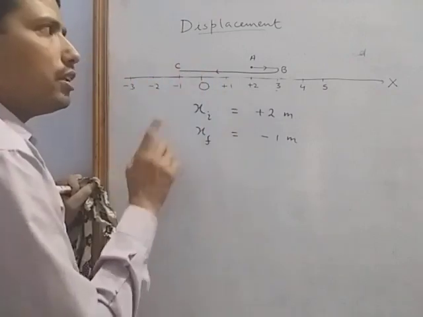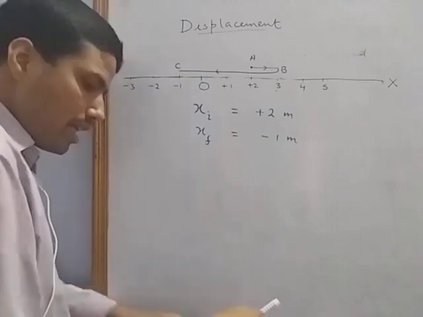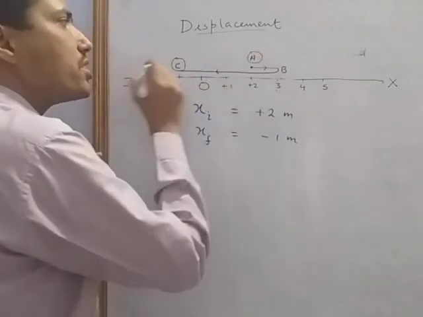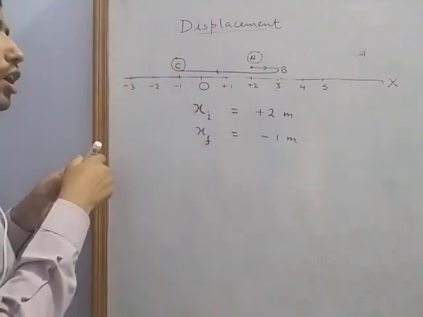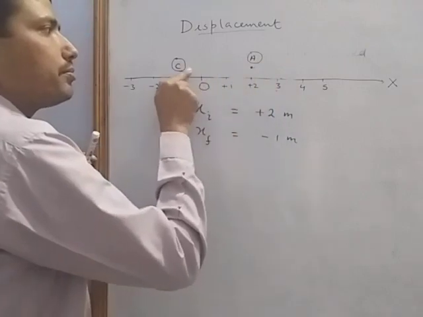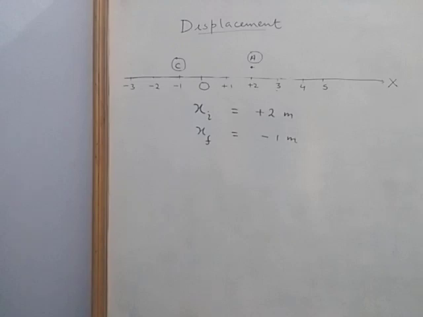Forget about the path. So just remember, where did it start and where did it end? It started at point A and it finished its journey at point C. So I'll rub the path. Forget about the path for finding displacement.